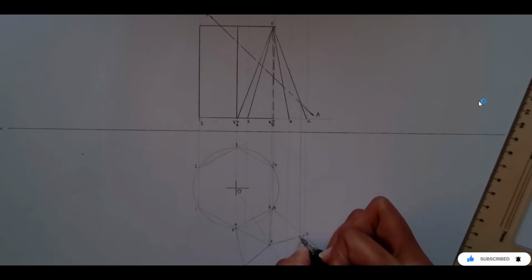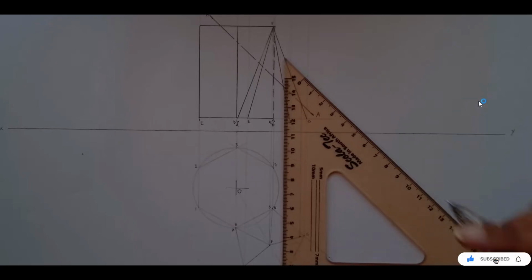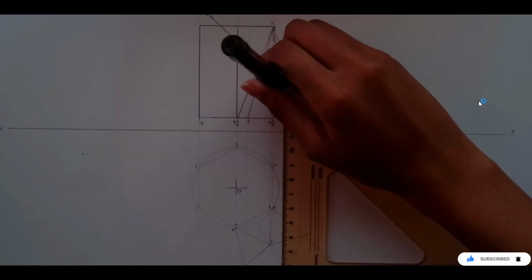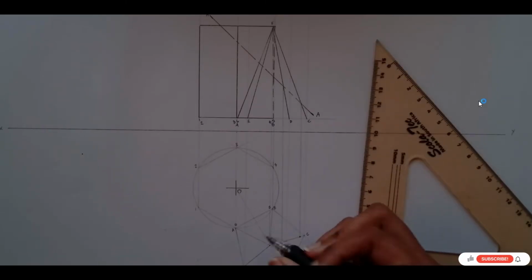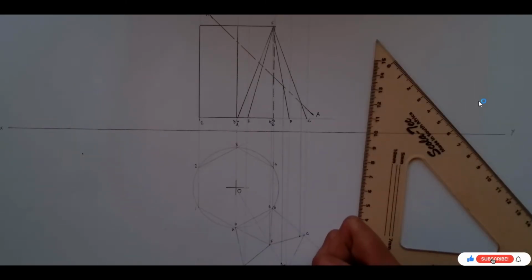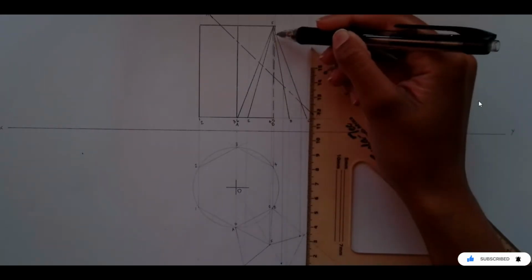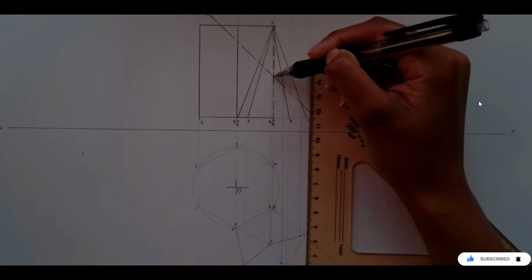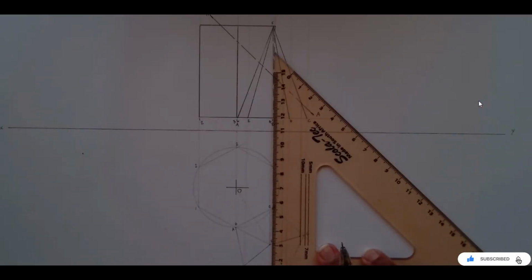Our point is going to be there. Then it's cutting DF at this point. I have my line DF here. And then it's cutting my BF. Remember my BF line, it's the slanted one here at this point. So I'm going to bring that point straight down to BF.